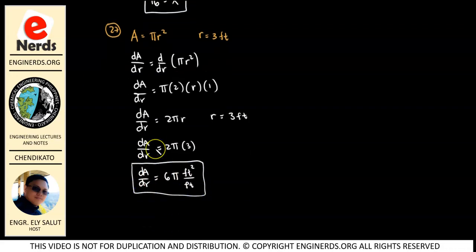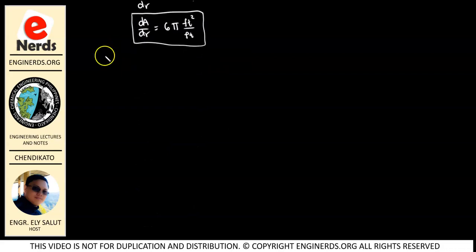So, now we will go to problem number 28. Find the rate of change of the area of the sphere with respect to its radius when the radius is 6 inches. So, pareho lang nung ginawa natin earlier, but this time, area ng sphere ang kailangan natin kunin. No? So, ano ba yung area ng sphere?